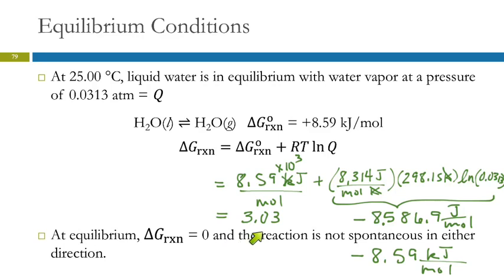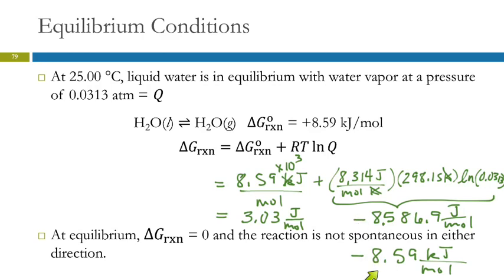I got this 3 by plugging the whole thing into my calculator. And that would have units of 3 joules per mole, which relative to the 8,590 joules per mole is essentially 0. Yeah, so if I turned it back into kilojoules, it would be 0.003 kilojoules. Very small.